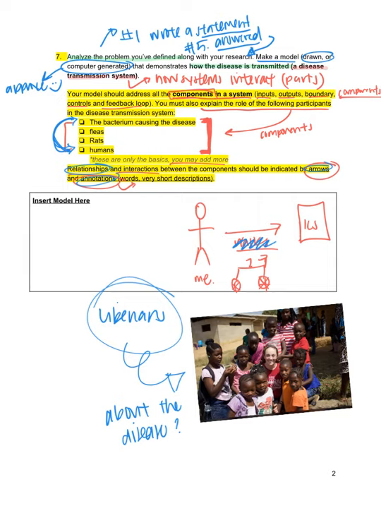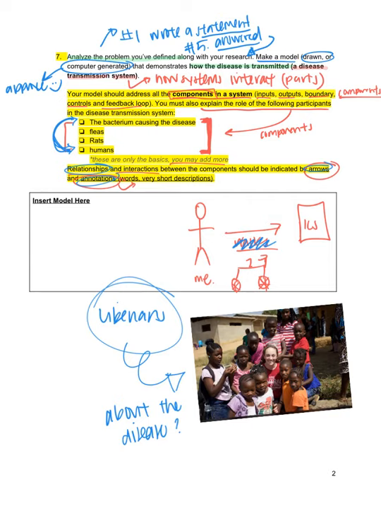All right, so what you're doing right now is what real scientists do. If you're thinking of a career in science, this process of identifying an outbreak or a disease, educating the population on how they can prevent it and how it's transmitted, is something real life people do. So we're trying to expose you to real life scenarios.